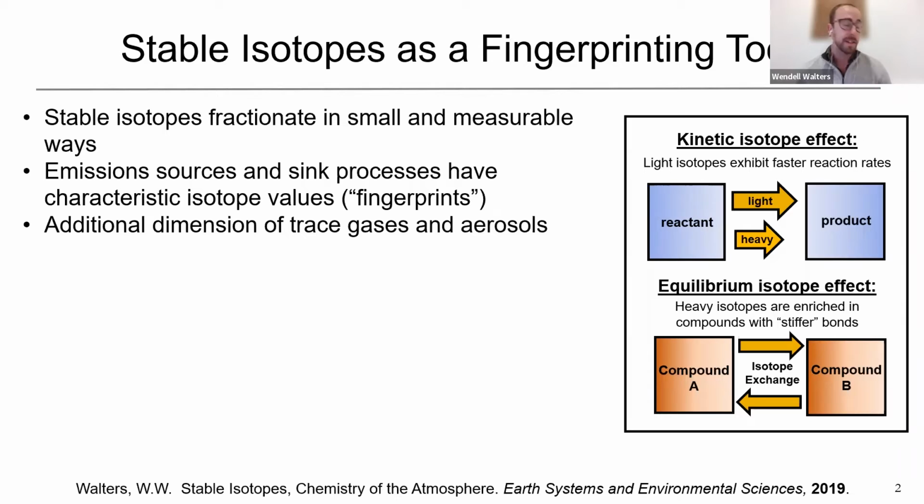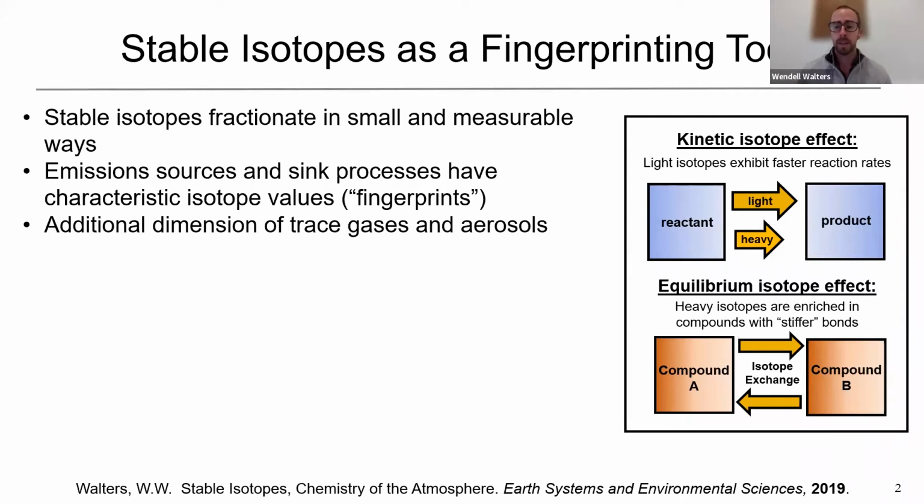For example, kinetic isotope effects, which describe the relative rates at which stable isotopes react, or equilibrium isotope effects, in which isotopes may partition between different compounds depending on the energetics of the system. These isotope effects often lead to emission sources and sink processes having characteristic isotope values or fingerprints that can potentially be tracked in the environment.